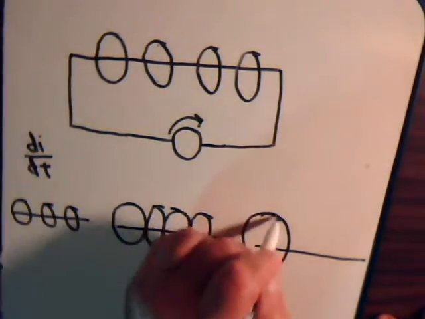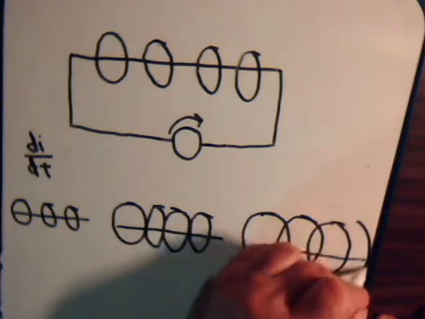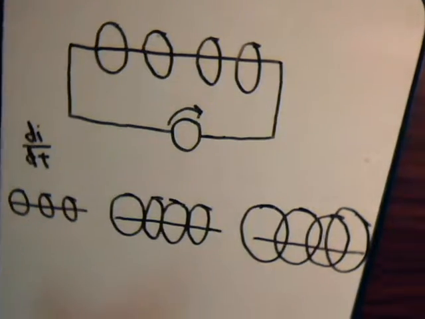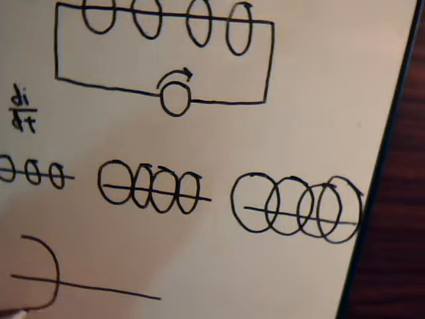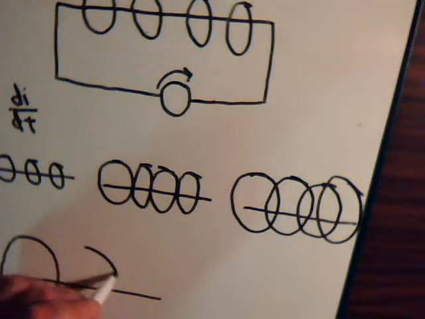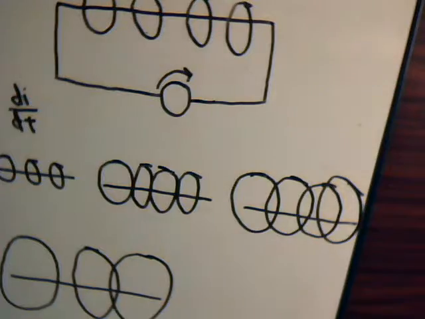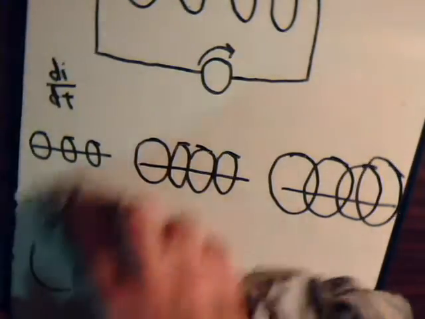Then this will get bigger as the current increases. And let's say we've reached our maximum current, so then we might have a conductor like this with a large magnetic field surrounding it. Something like this.